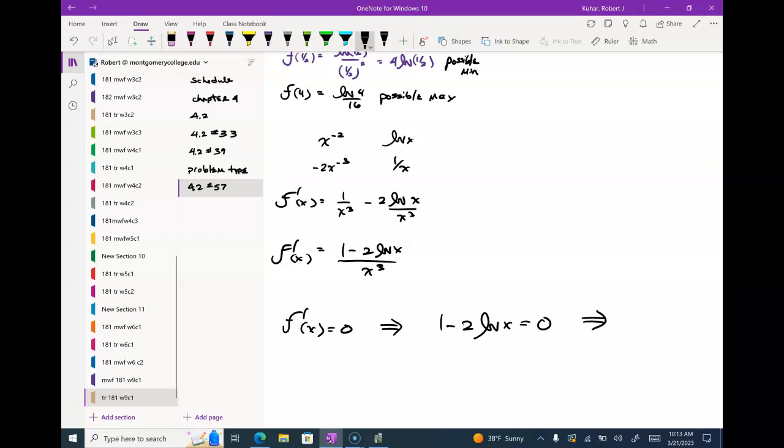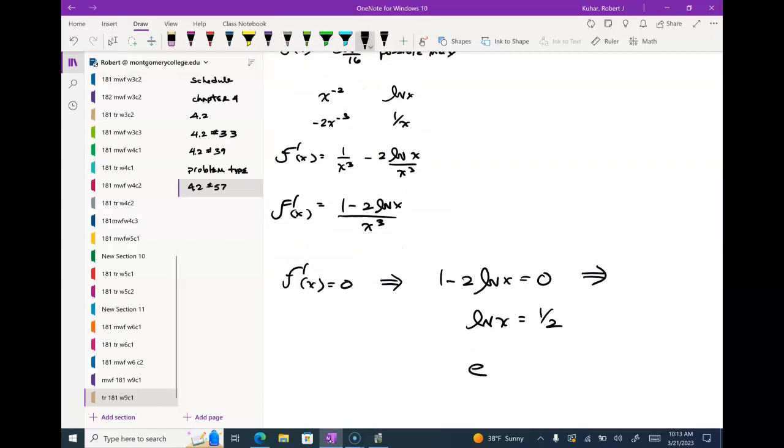And so we're back in pre-cal again. That means what? Ln of x equals what? 1/2? Which means e to the ln of x equals e to the 1/2. So x is the square root of e.